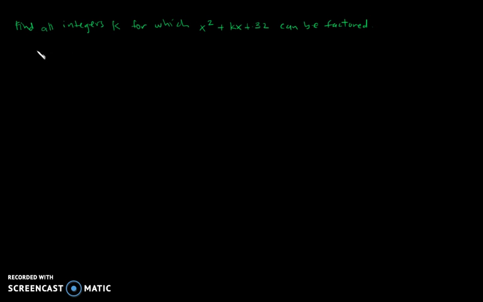Again, we need to find all integers k for which x squared plus kx plus 32 can be factored.